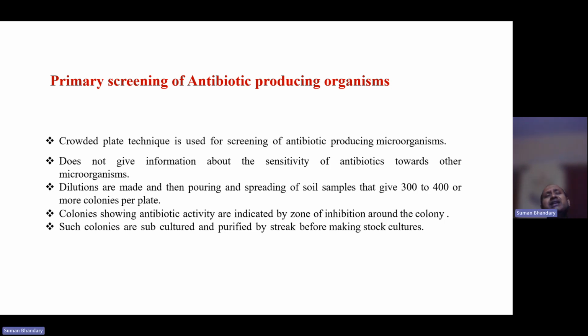This technique is employed for the detection and isolation of microorganisms capable of utilizing carbon source from volatile substrates like hydrocarbons. Or we can consider low molecular weight alcohols or similar carbon sources.